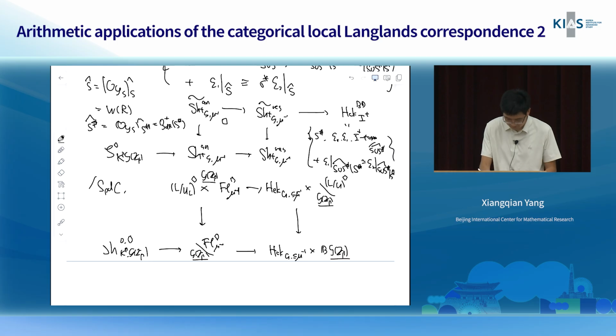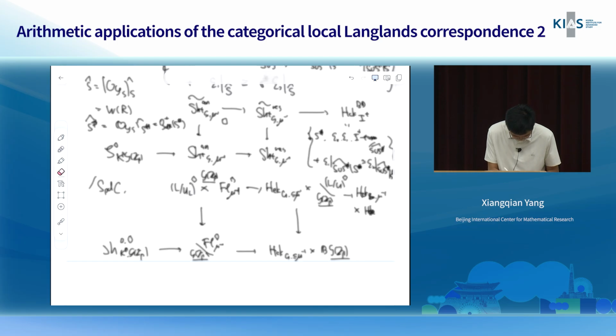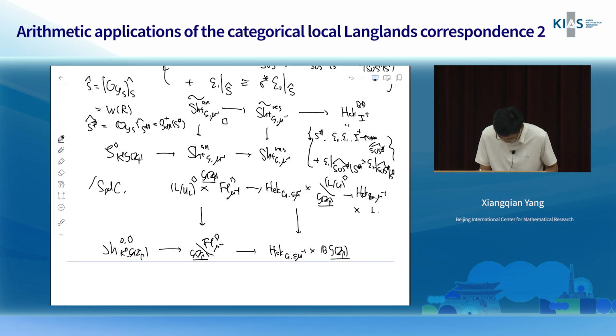Okay, and finally this map maps to the Hecke stack times the diamond associated to this affine Hecke stack.